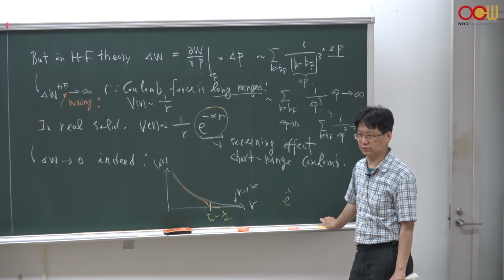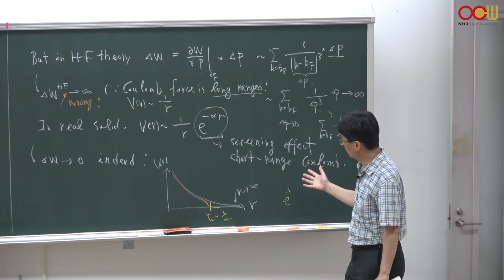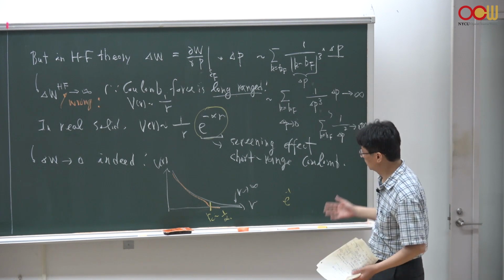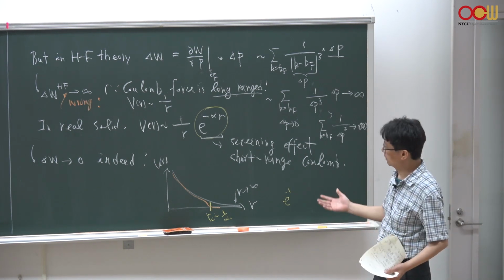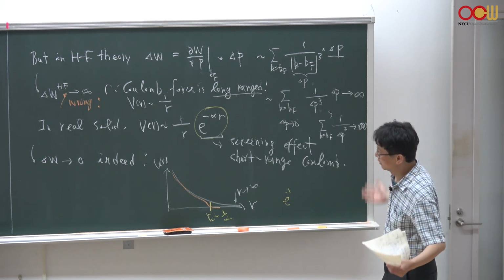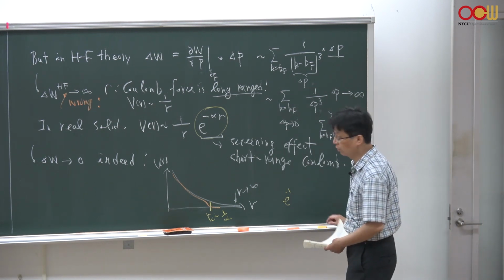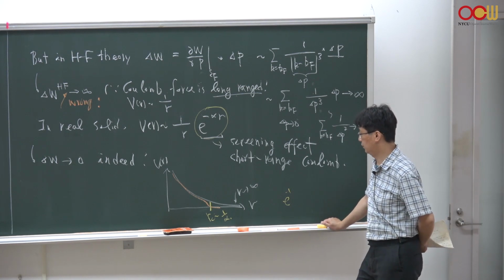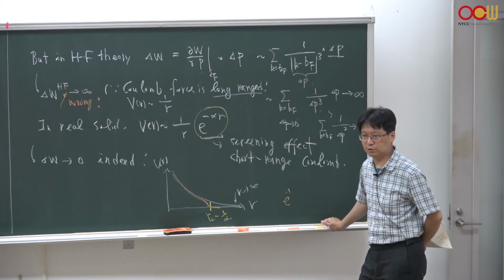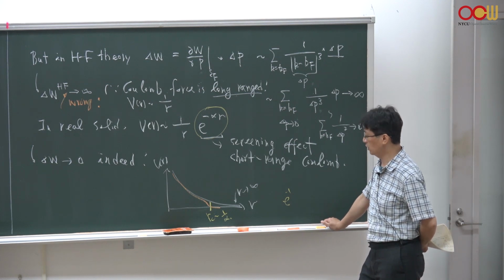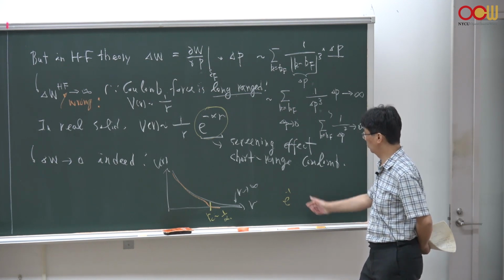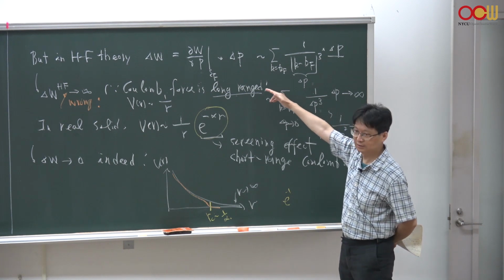It's not long range. But this screening of the Coulomb potential is not captured within the Hartree-Fock theory, which makes this theory wrong or fail. But here comes the question: how can we capture the screening of the Coulomb potential so that it is short-ranged, not long-ranged?